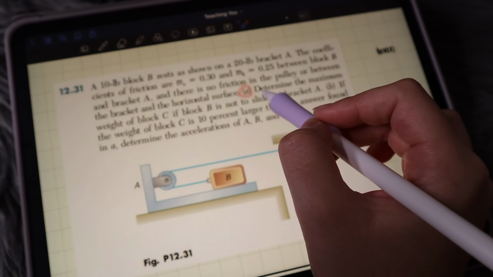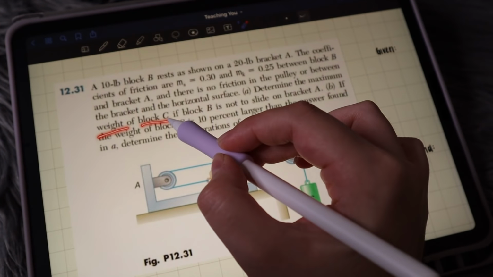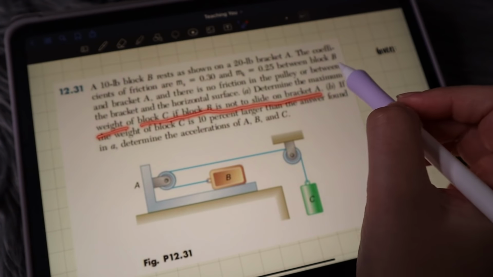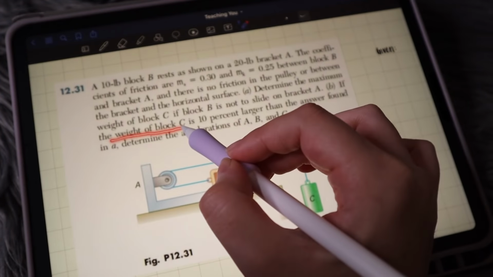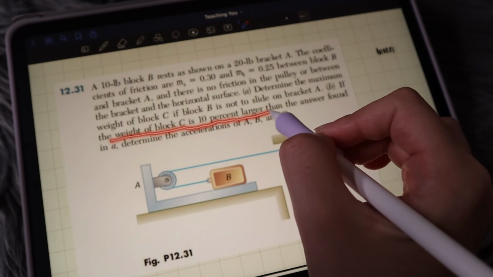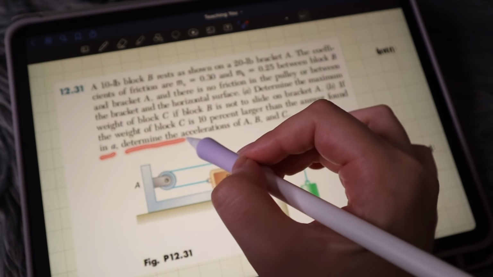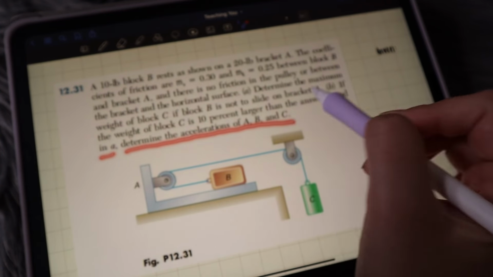Part A, determine the maximum weight of block C if block B is to not slide on bracket A. Part B, if the weight of block C is 10% larger than the answer found in A, determine the accelerations of A, B, and C.